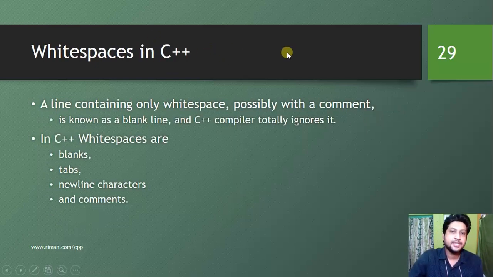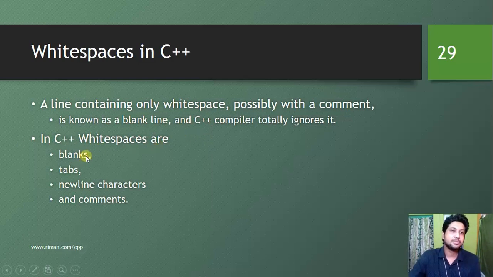So white spaces are important in some cases, and in some cases they are not important. A line containing only white space, possibly with a comment, is known as a blank line, and C++ completely ignores it. So what are the white spaces?